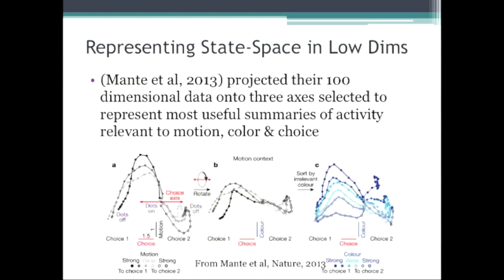This figure is from a paper in Nature a few years ago, and what they're doing is recording from hundreds of neurons in prefrontal cortex while a monkey is doing a choice task, a variant of the moving dots task with a color variant. He has to determine which condition he's in and then figure out what's actually happening to those dots, or which colors are more dominant, and then make a choice.